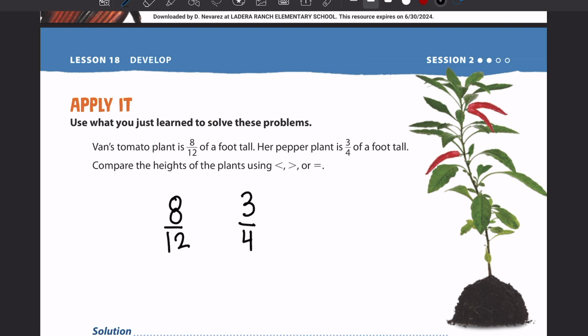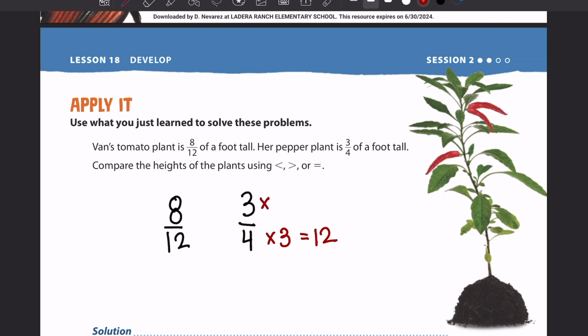But what I can do is look at the denominators, and I can see that 4 can go into 12. Now, how many times do we need to multiply 4 to get 12? Well, we need to multiply 4 times 3 to get 12. So whatever I do to the denominator, I need to do to the numerator.